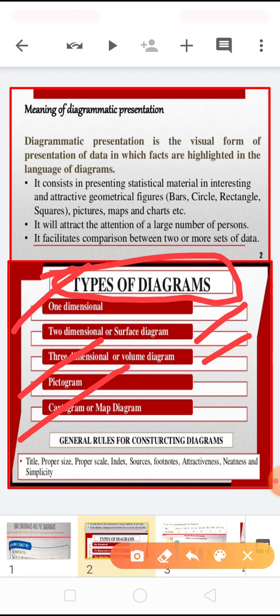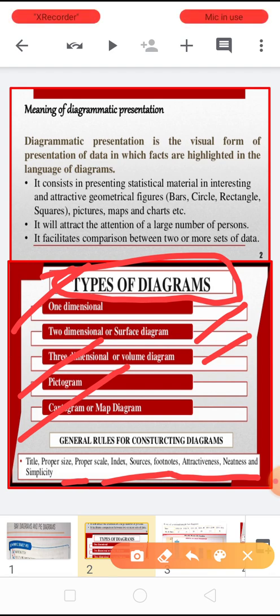We have general rules for constructing these kinds of diagrams, like we are using title, proper size, proper scale, index, source, footnote, attractiveness, neatness and simplicity while constructing the diagrams.